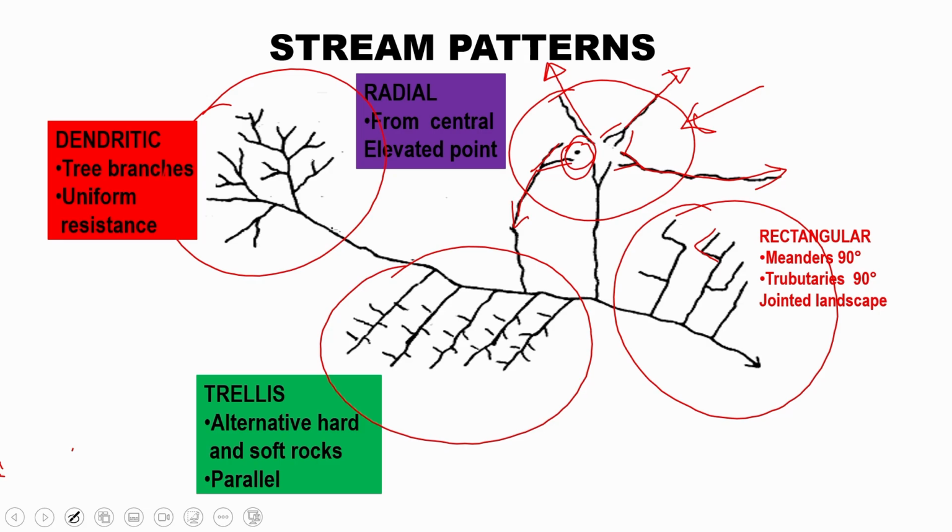Let's see what we can see on our screen. Look at that. Main stream, there's the meander. Tributary, there's the meander, almost 90 degrees. So how do we define or describe what we see? We're saying the tributaries meander at 90 degrees. And then we can also say the tributaries join the main stream at 90 degrees.